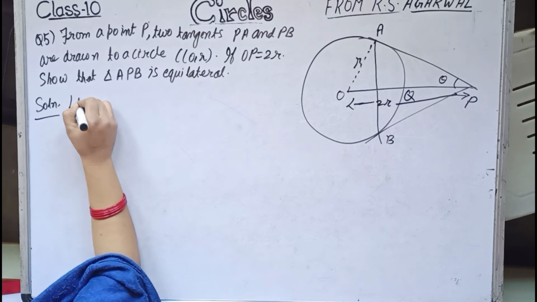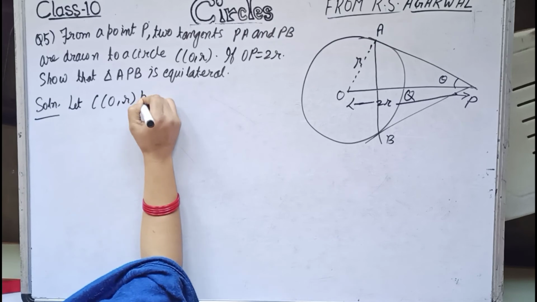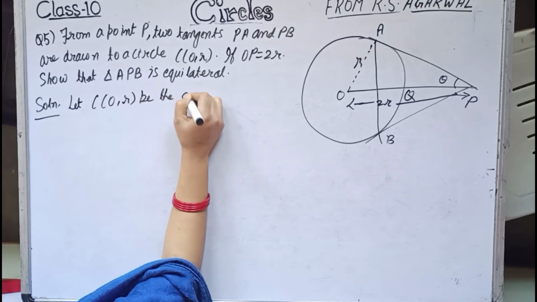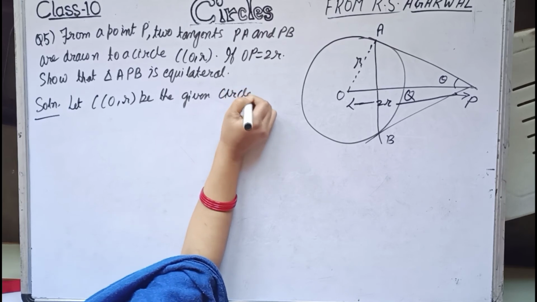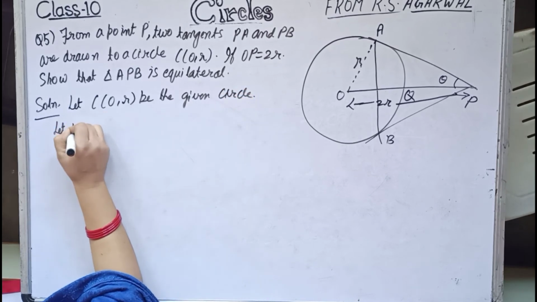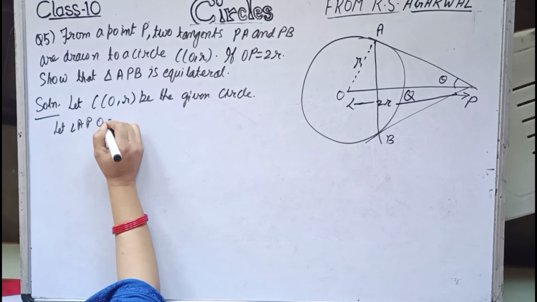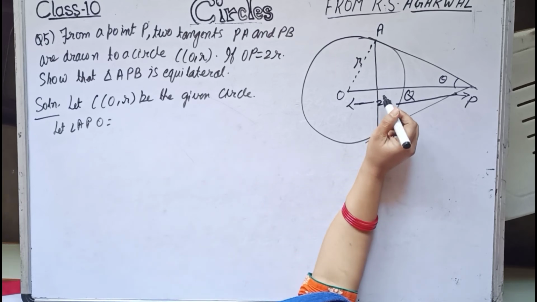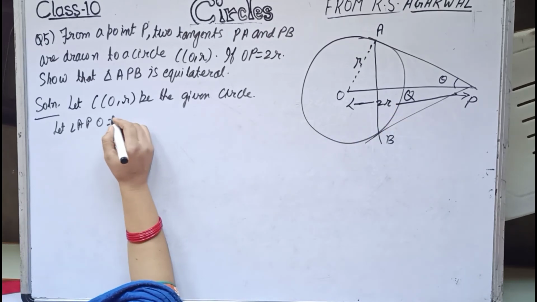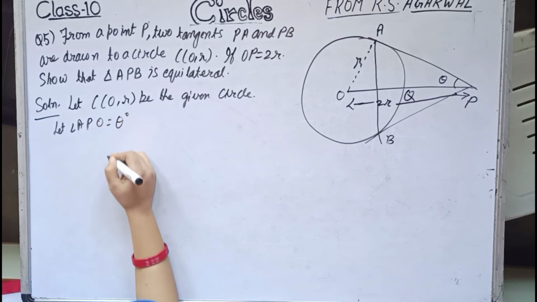Solution. Let the circle be the given circle. In the triangle, let angle APO equals to theta degree.